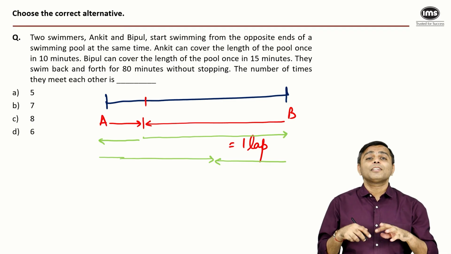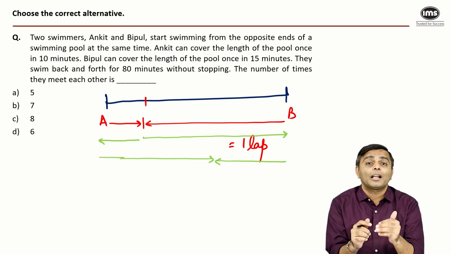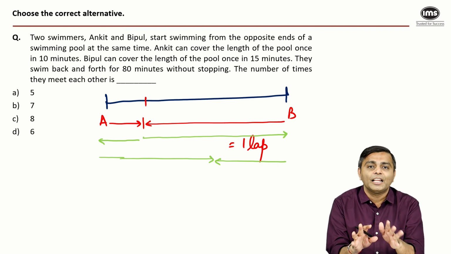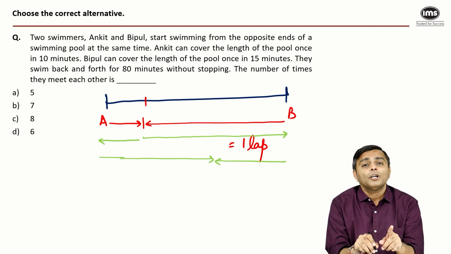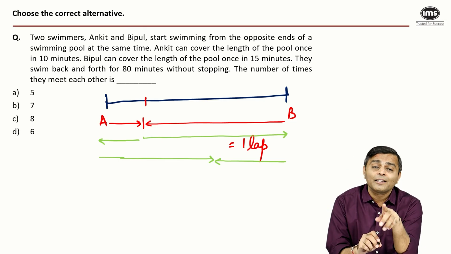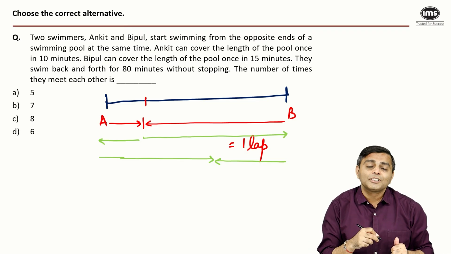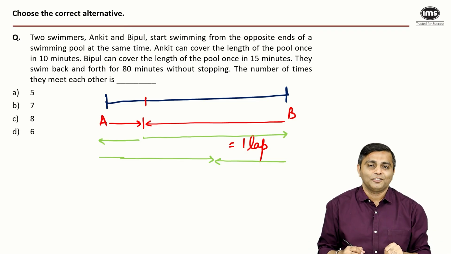Okay. In a circular race, when people are running towards each other, every time the relative distance to be covered to meet is length of the track. In a swimming pool, for the first time to meet, the relative distance to be covered is length of the track. For every consecutive meeting, the relative distance to be covered is 2 times the length of the track.